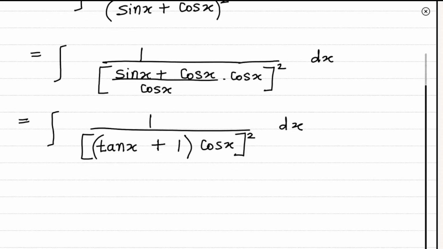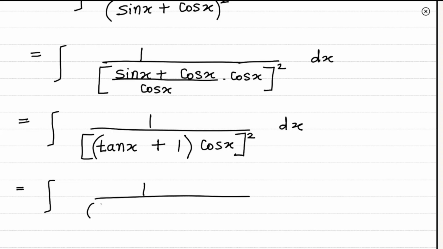So you see that you are able to generate that tangent term in the denominator. Now what you do is you give that square to both of those terms in the product form. So you have integration of 1 divided by tan x plus 1 the whole square times cosine square x, and you are integrating with respect to x.